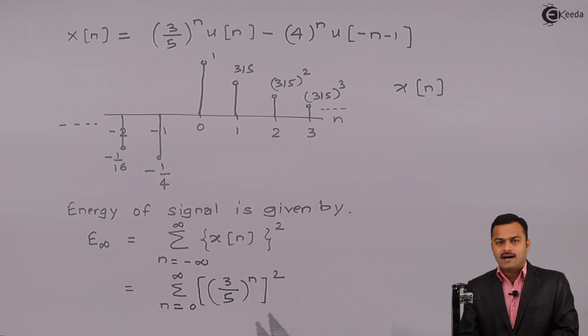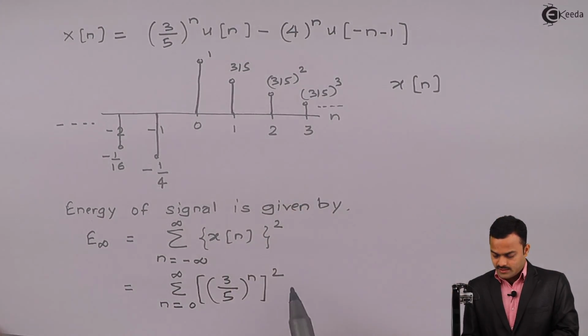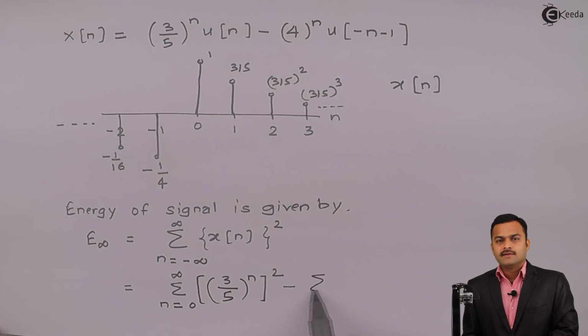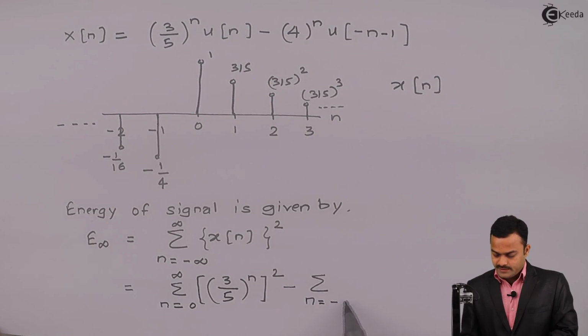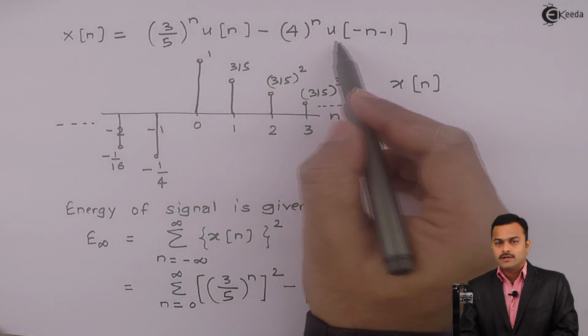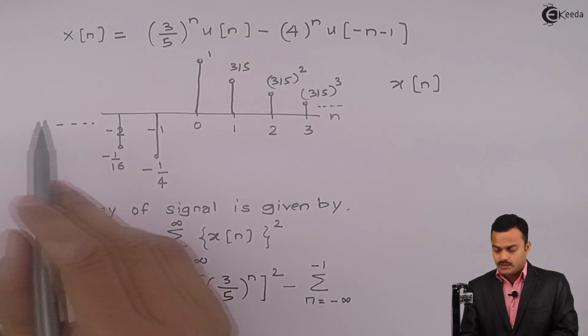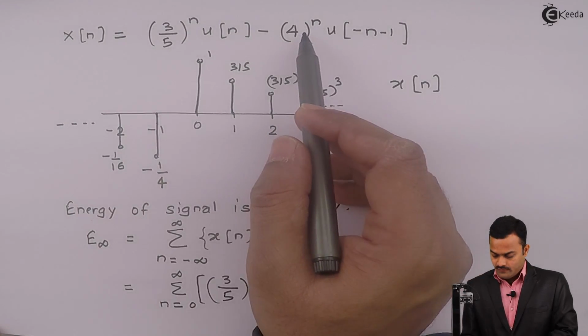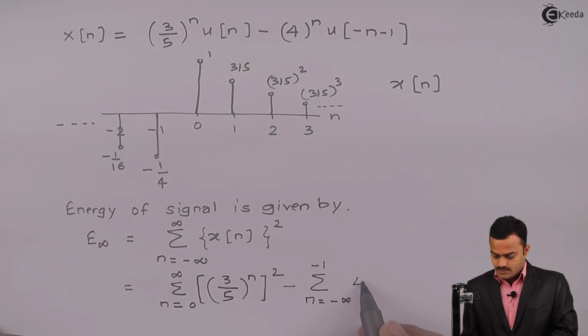In the second half, the signal exists from minus infinity to minus 1, where the unit step term is 1, and the signal has the value 4 raised to n, squared.